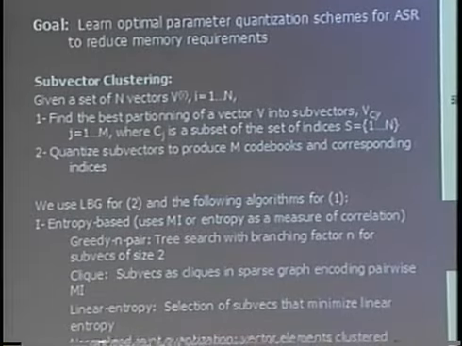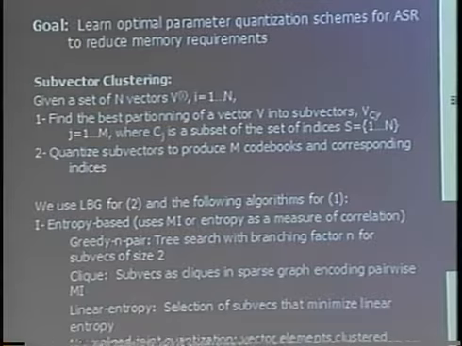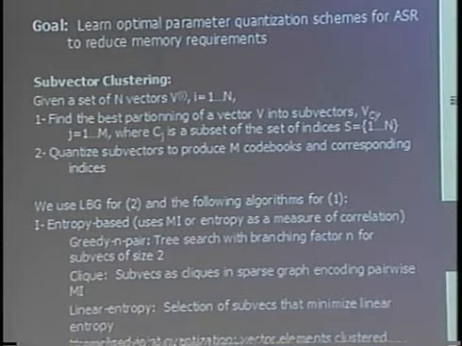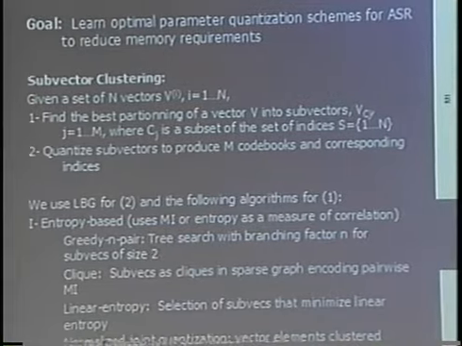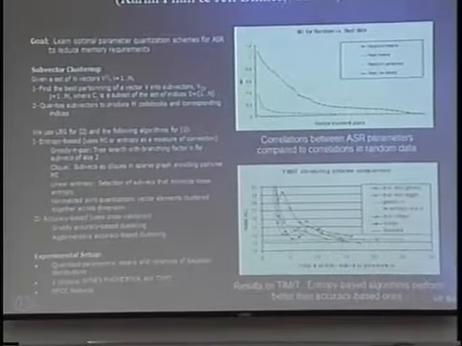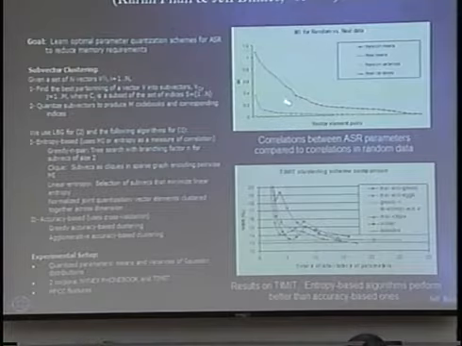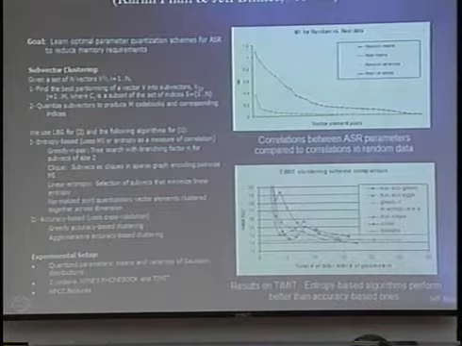And the first question you might have is, is there in fact correlation between the parameters of a speech recognition system? So this isn't vector quantizing the speech itself, it's quantizing the parameters of the system itself. And the question is, is there correlation? And indeed there is, and this is showing typical correlation patterns between vector element pairs of the parameters of the speech recognition system.